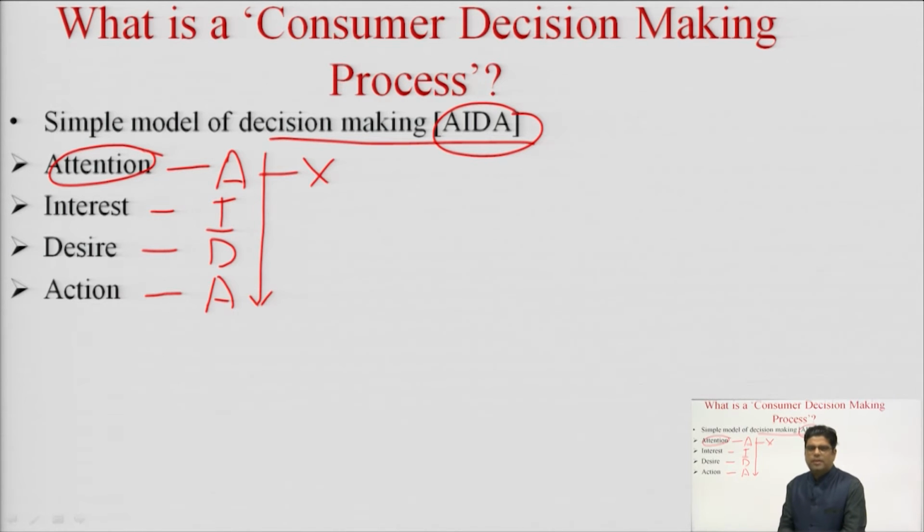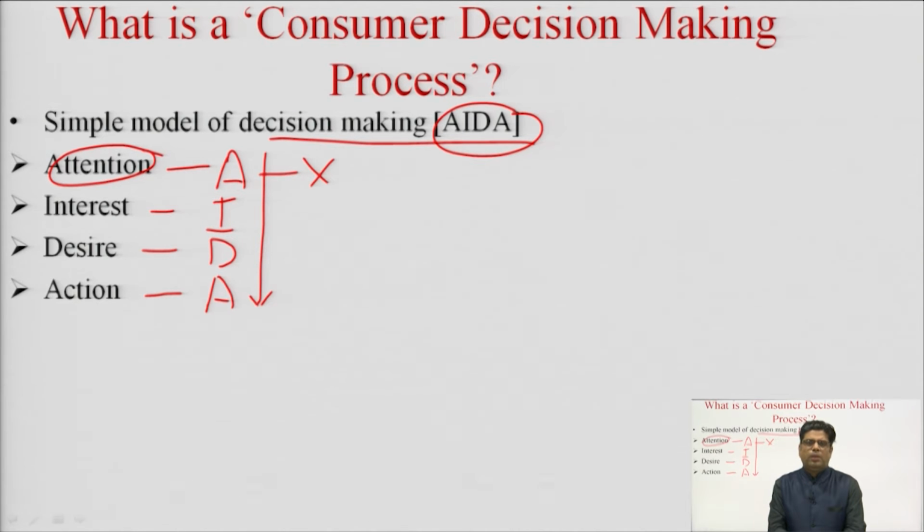Now, the next step is interest. Once the marketer or the seller has gained the attention of the consumer, it is important that the marketer arouses some kind of interest regarding the product or service in that consumer. By giving the consumer knowledge of the features of the product and service, the interest can be aroused.